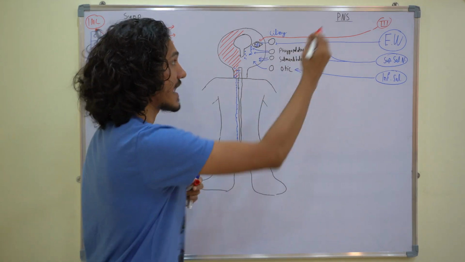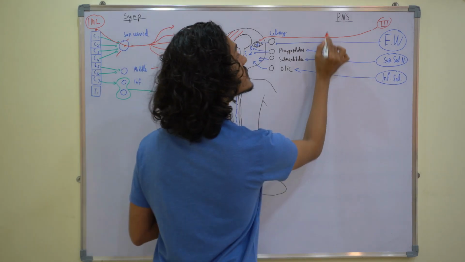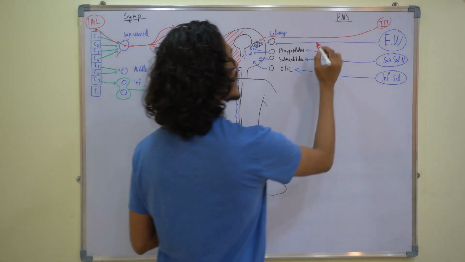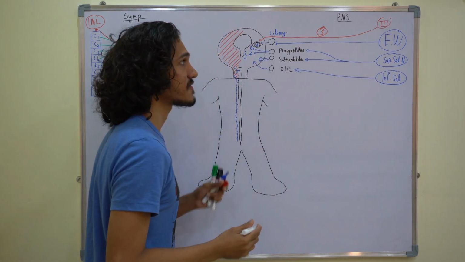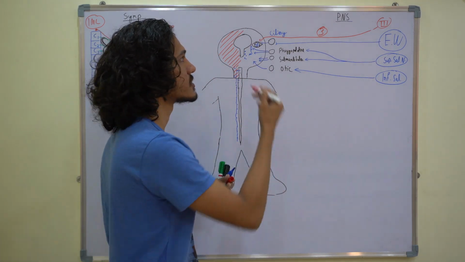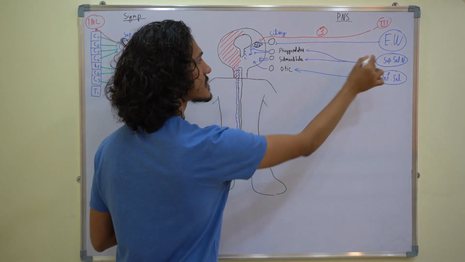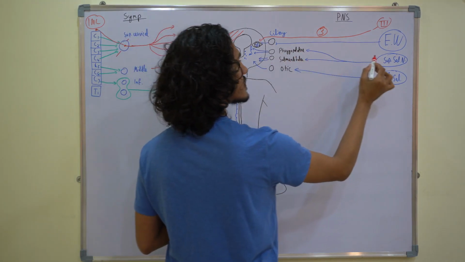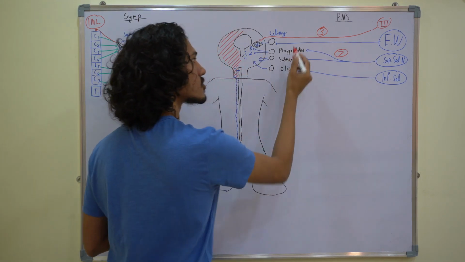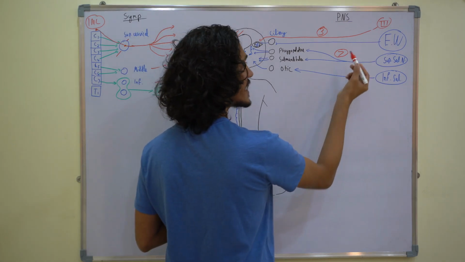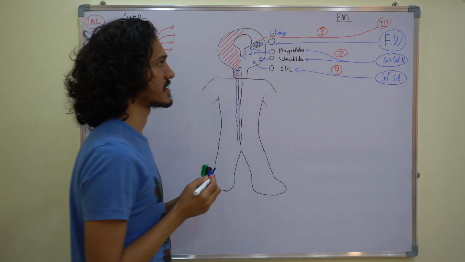Along with these fibers, your autonomic fibers are going to go, so that is your third cranial nerve. Ideally it should be represented like that, but for your ease, I am going to write it in normal numbers. Just like that, the superior salivatory nucleus fibers are going to go along with your facial nerve, the seventh cranial nerve, and next is your ninth cranial nerve, that is the inferior salivatory nucleus.